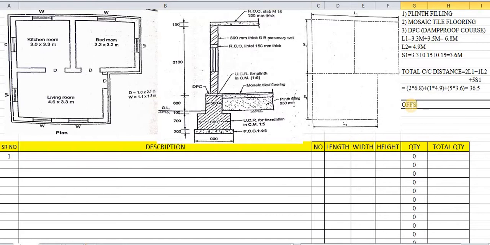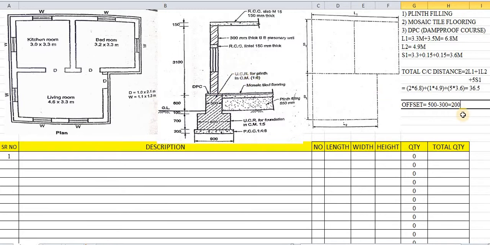The offset concept is very important. We will take the width as 500. So 500 minus the UCR second step width is 500, minus the brickwork width of 300, so 500 minus 300 is 200. So 200 is the total offset, but we have to divide it by 2, because the inner side and outer side are equally divided.